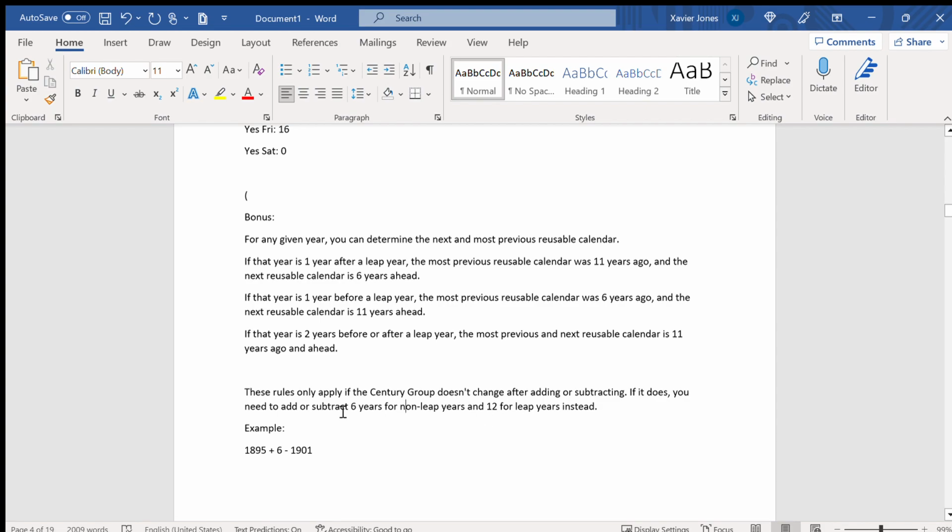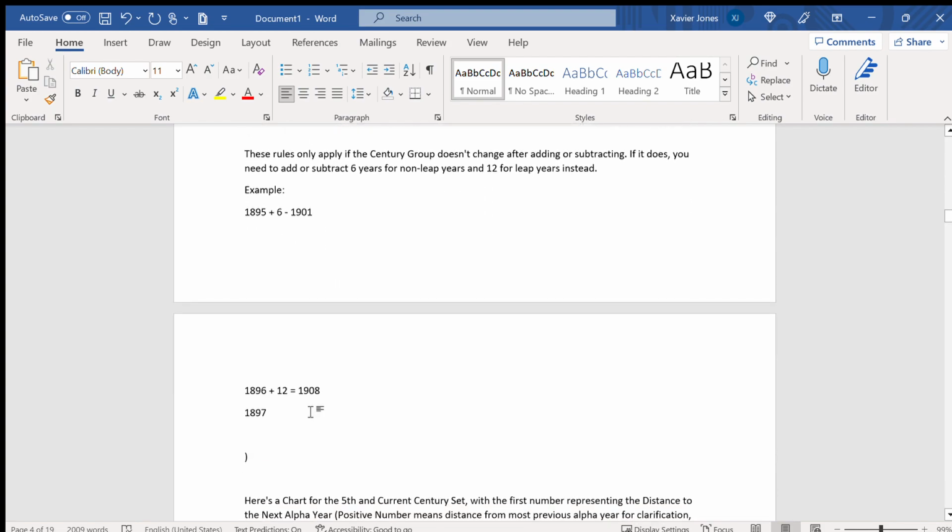Okay, so 1897 plus 18 equals 1915, okay? So we know that this is true. Can we add 6? Does it have to be 1915? Can we add 6? Is the calendar for 1897 the same as the calendar for 1903?